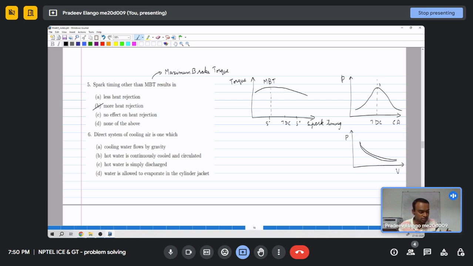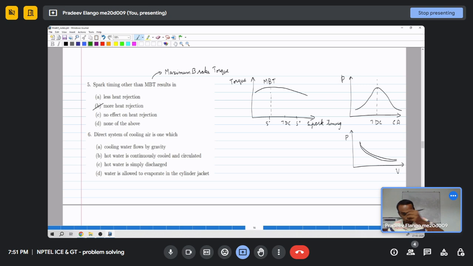Around TDC, you will have very high temperature and pressure, and because of high pressure, you have some gas leaking through the crevice volume and going to the crankcase. That is one loss, and then because of high temperature you will lose heat to the surrounding wall, and because of that the expansion pressure will be a little less than the compression pressure.